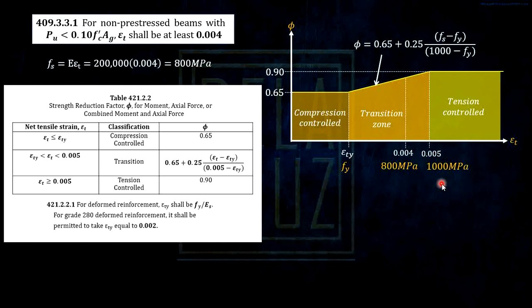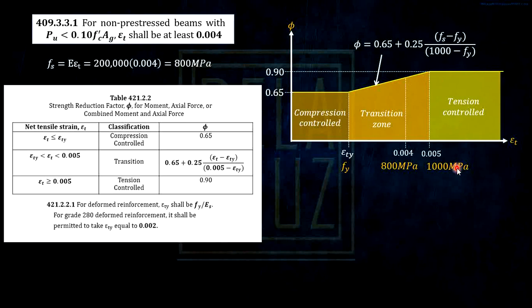Therefore, the conclusion is we will use as the boundary of singly reinforced the strain of 0.005, or Fs of 1000 MPa. This will be our boundary because it passes both the code provision of 0.004 and the fixed reduction factor of 0.9, which is very advisable for design.